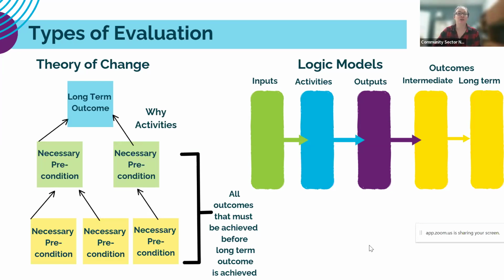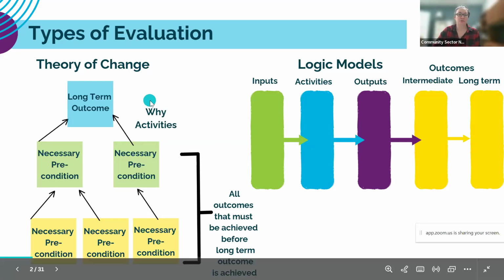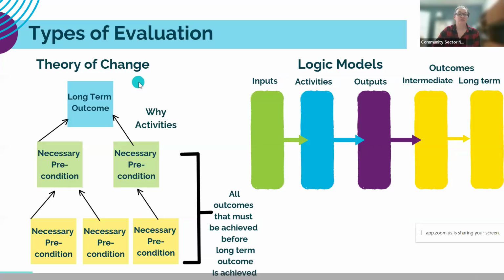So when you're looking at doing a theory of change model, you begin with a long-term outcome that you're trying to achieve. And then we work backwards to figure out what activities we're going to need to accomplish that long-term outcome.